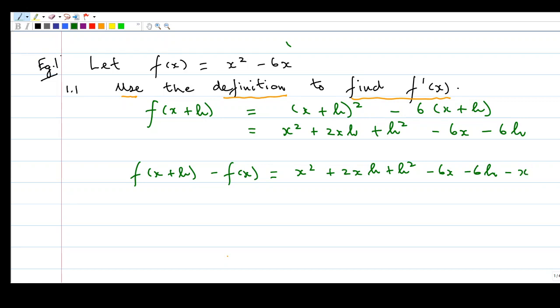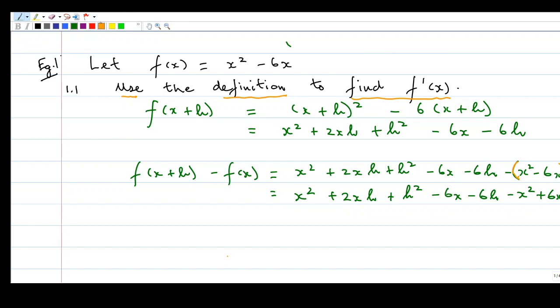You just don't write down x squared minus 6x. You can see that there are two terms, so what we need is a bracket over here. And then we apply the distributive law. So simplifying, we've got x squared plus 2xh plus h squared minus 6x minus 6h minus x squared plus 6x.